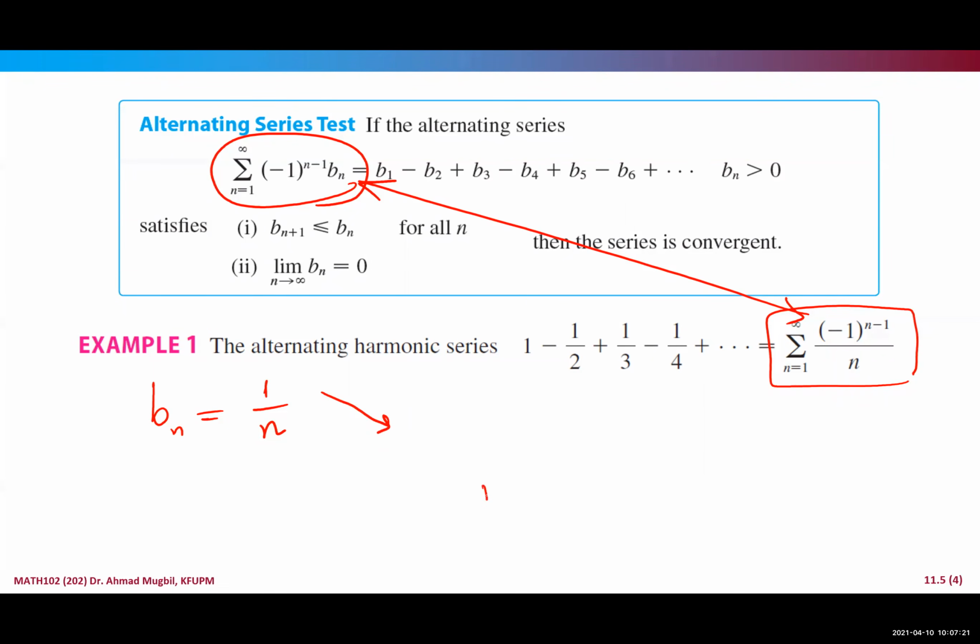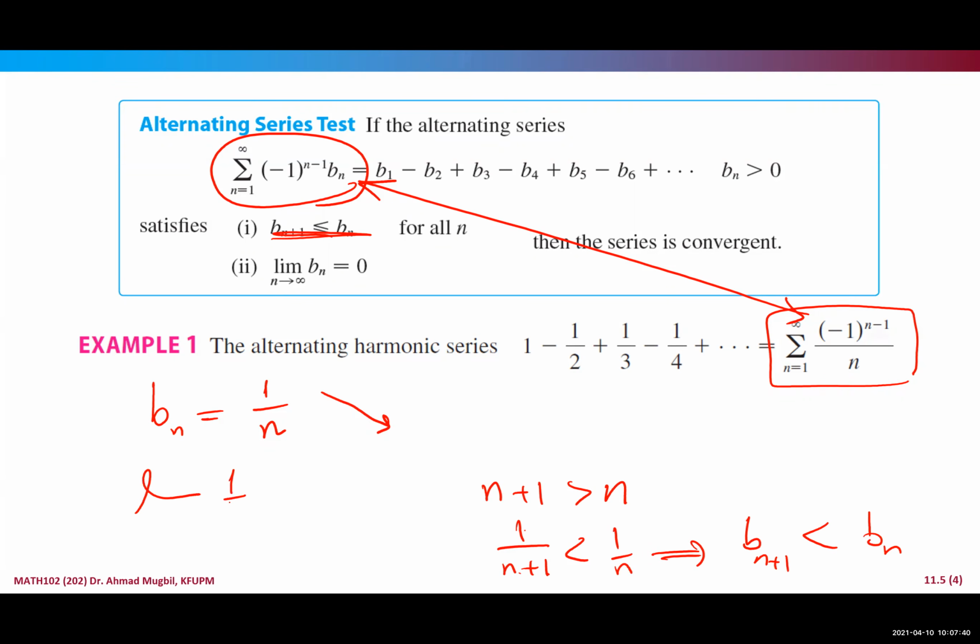Because n plus 1 is greater than n, so if you take the reciprocal, it will be less: 1 over n plus 1 is less than 1 over n. So this implies that B(n+1) is less than Bn, and this is the first condition. It is decreasing. Now also, what is the limit? Bn goes to what when n goes to infinity?